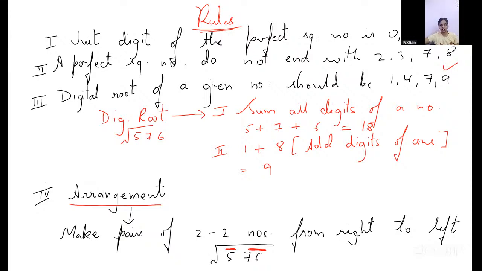Now, how to solve it? For that, there are two things you have to learn. Shall I clear this screen? No, ma'am. Yes, ma'am. One is the squares of the numbers from 1 to 10: 1 squared is 1, 2 squared 4, 3 squared 9, 4 squared 16, 5 squared 25, 6 squared 36, 7 squared 49, 8 squared 64, 9 squared 81.